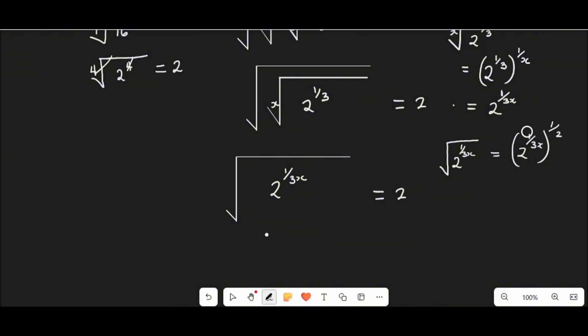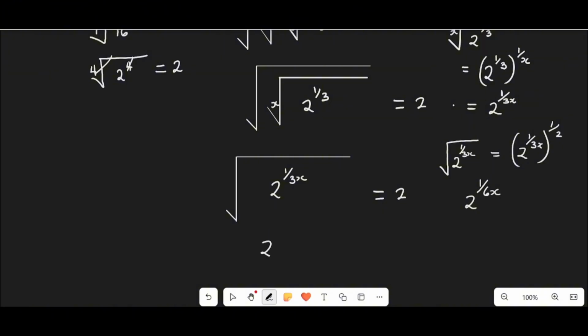So 1 multiplied by 1, we have 1. 3x multiplied by 2, we have 6x. So equal to 2 raised to power 1 over 6x.